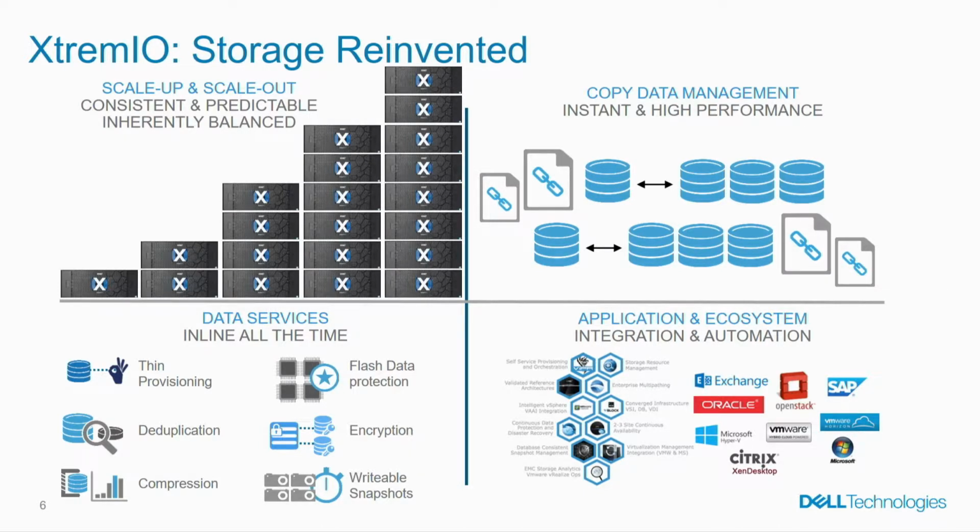In addition to that, copy data management. One of the powerful and unique capabilities of XtremIO is the instant and high-performance snapshots, and they allow us to create backup and restores, as well as use them for test and dev environments under the same storage array to save a lot of space.